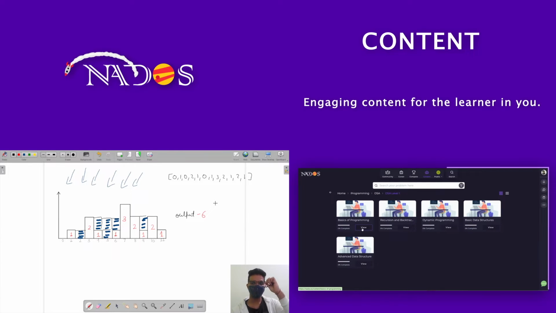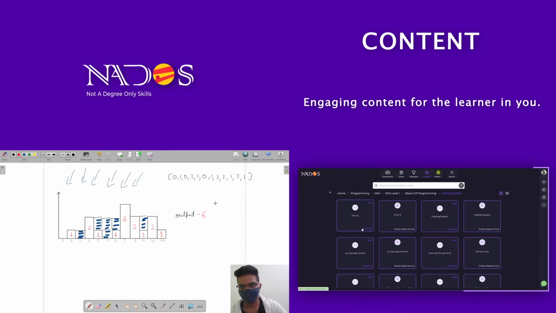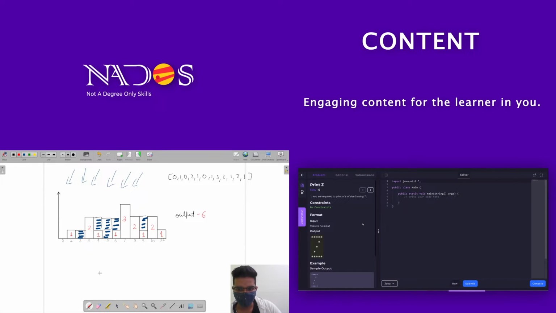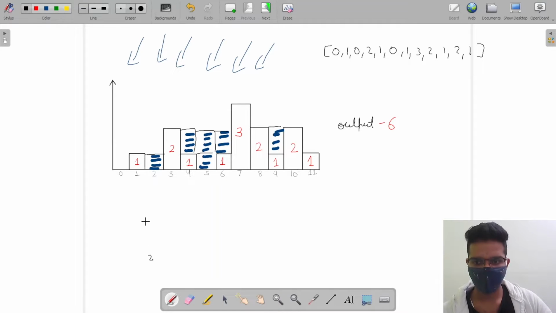Now, you must be wondering how I determined when water got trapped. So, let's see for the 2nd index first. In the 2nd index, how much is my height? My height is 0, that's perfectly right. Now let's see the right.